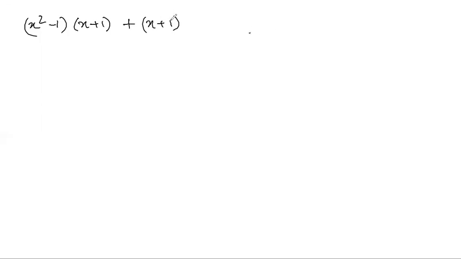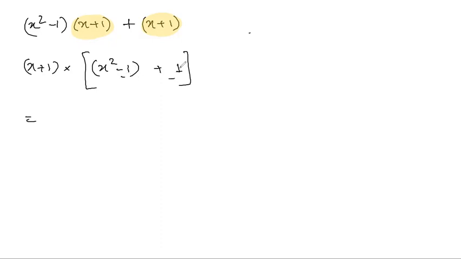Here you see that this whole thing is actually common, x plus 1, and here you have an x plus 1 also, that goes common, isn't it? So let me take x plus 1 out. Then what's left here? x squared minus 1 plus 1. The good thing is -1 and +1 cancel out, so you have x squared and x plus 1. So you have factorized, nothing else can be done.